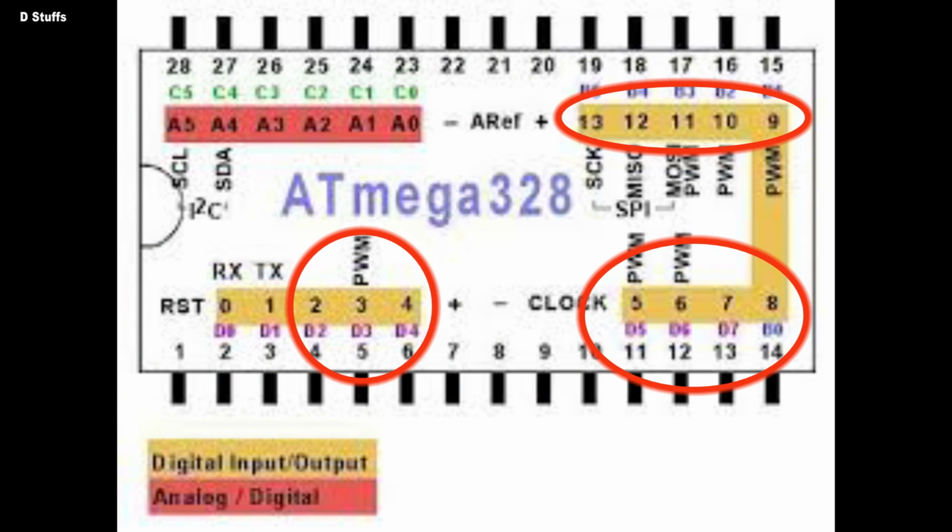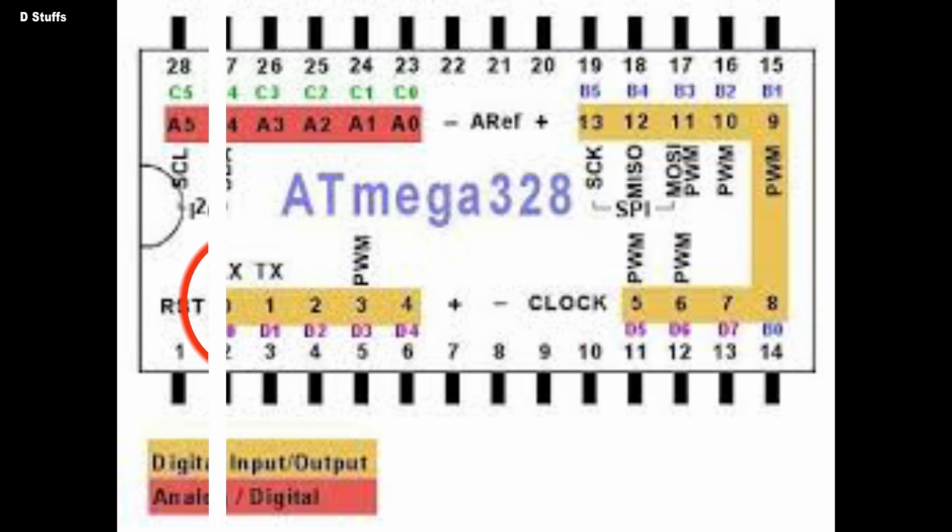Of course, you can use digital pin 0 and pin 1, but these pins are dedicated to the UART communications. Well, you can use them if you will not use the UART function in your project.